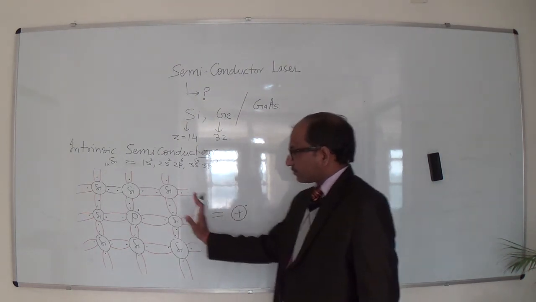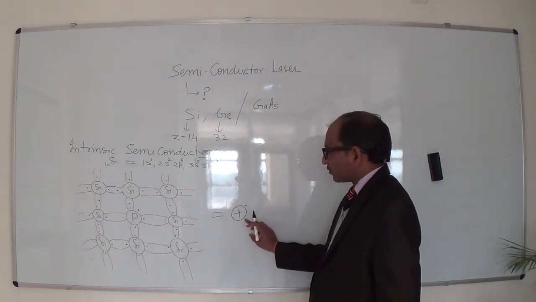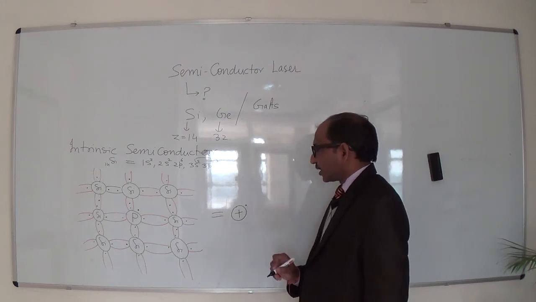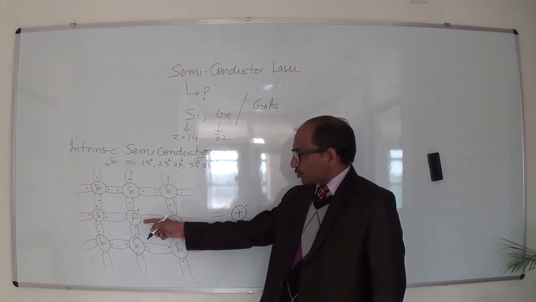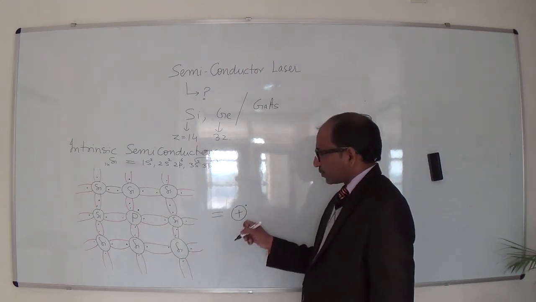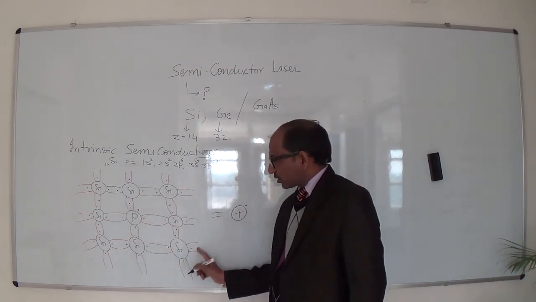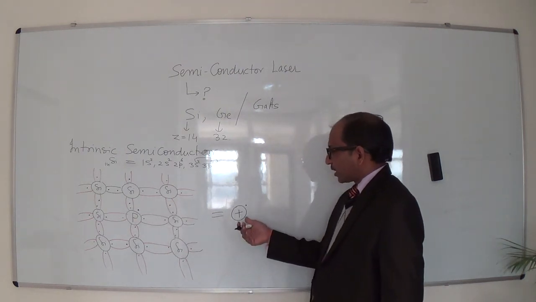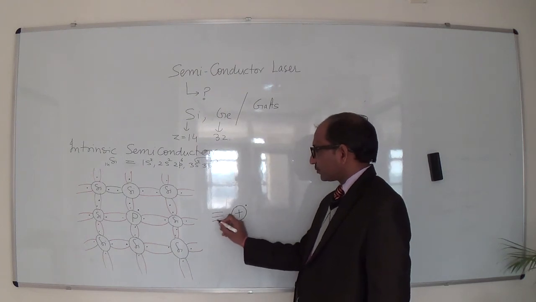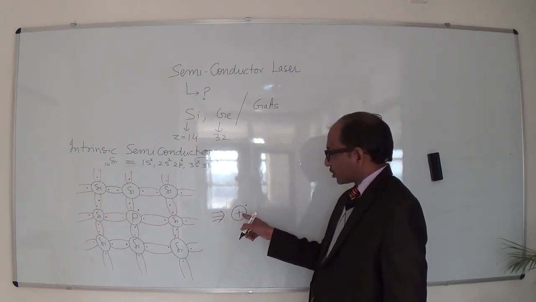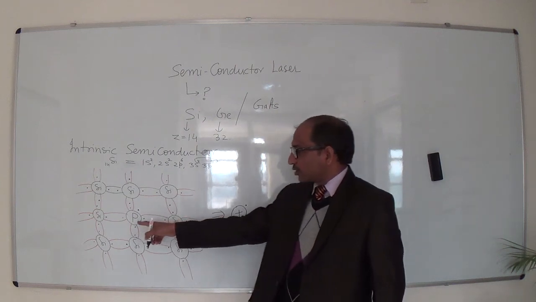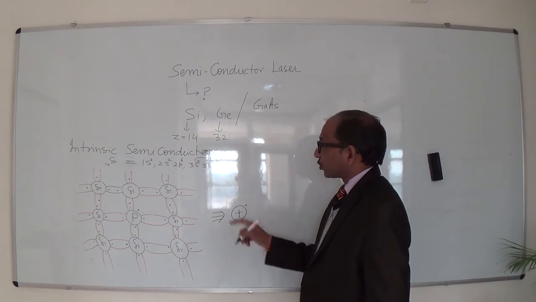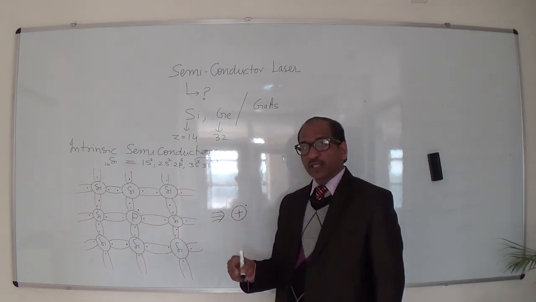So this complete structure can be represented with a single ion and this electron. This is a free electron. So corresponding to one impurity in this pure semiconductor material, we can represent it with the help of this symbol. The positive ion is related to this impurity ion, and it has one extra electron. So this will be an n-type semiconductor.